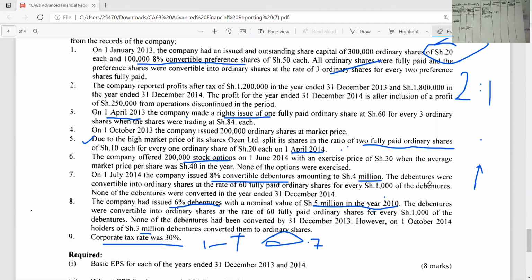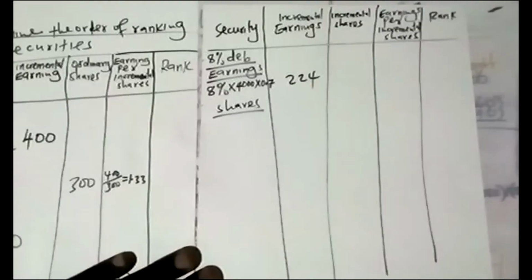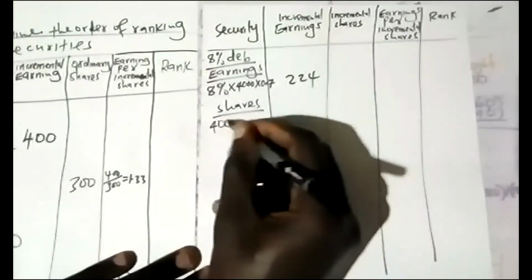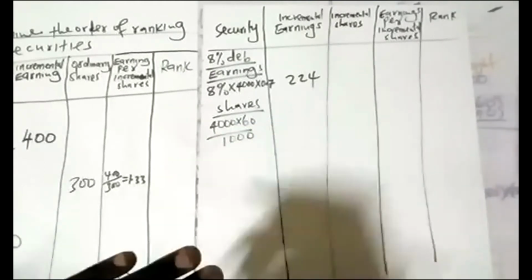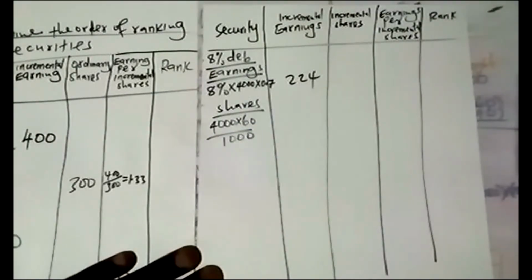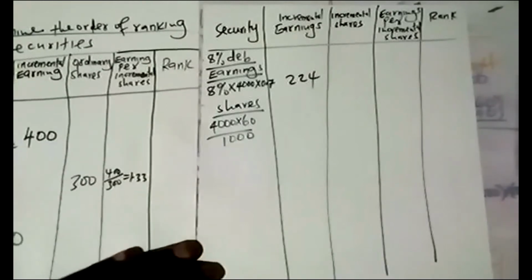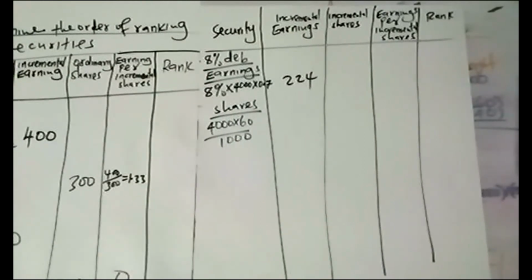So we say 4,000 times 60 over 1,000, that is 240. And is this coming after the split or before?